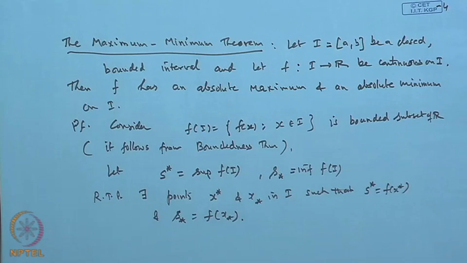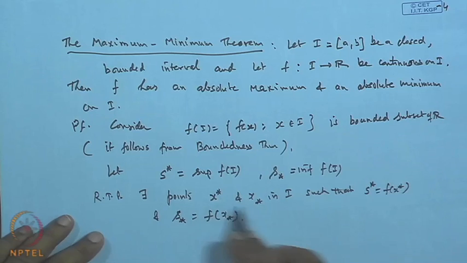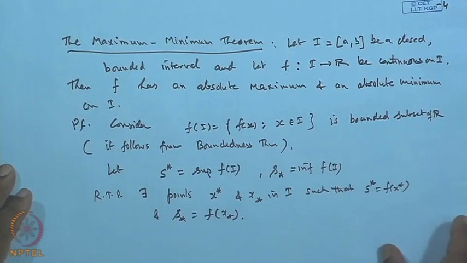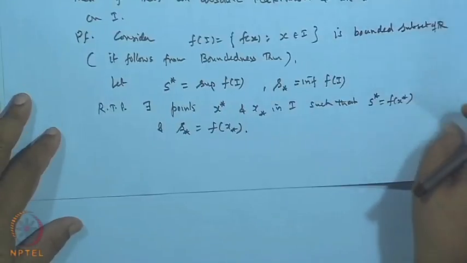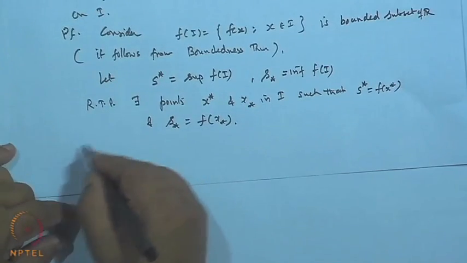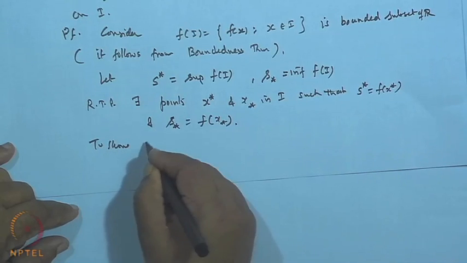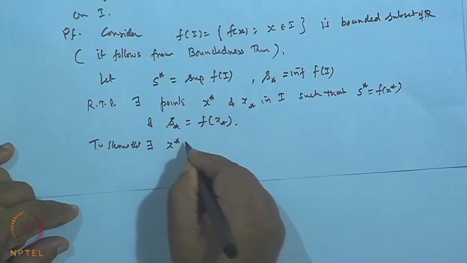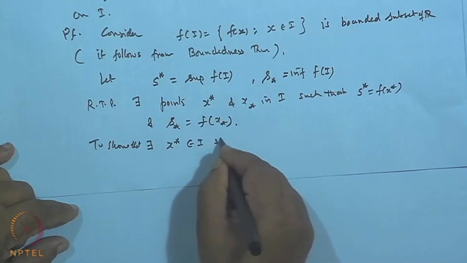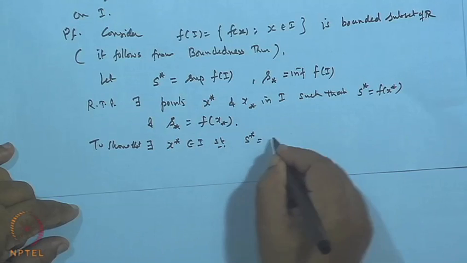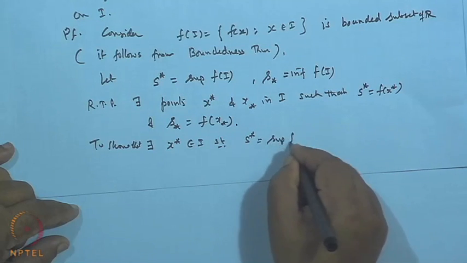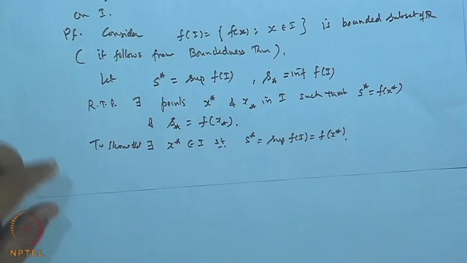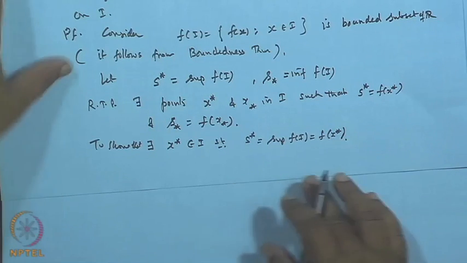This we wanted to show. First we will prove it for this side, and the other will follow in a similar way. So first, to show that there exists an x star in I such that S star, the supremum value of f of I, is equal to the value at this point.